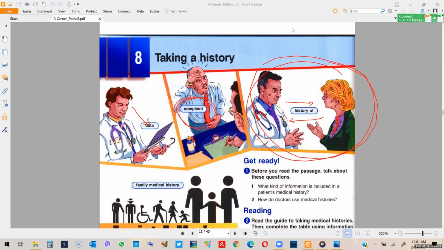Of course, when you ask a patient about his, we say, condition, we have some simple questions. For example, we ask with the verb to do. So we say, do you remember?